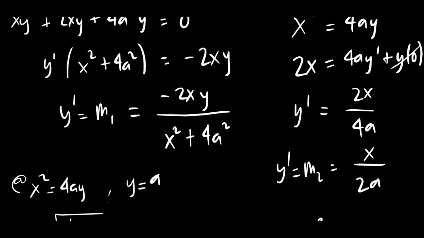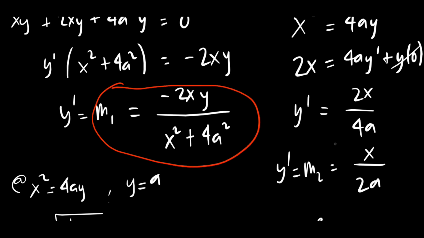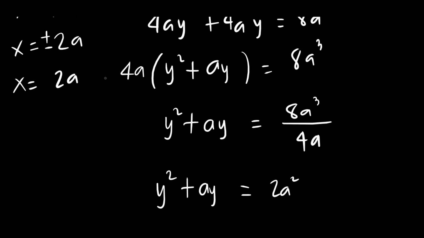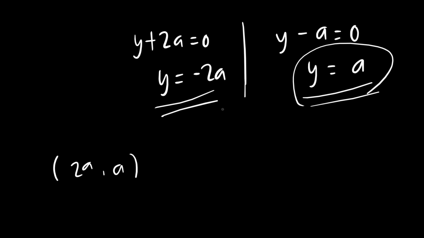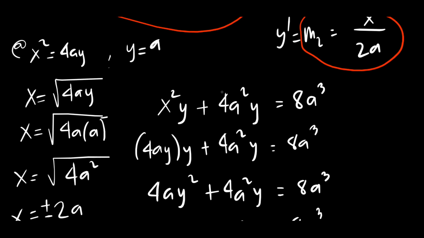So just copy this equation, m1, and this is also m2. We'll now substitute the value of x and y here. At x equals 2a and y equals a, what is the first equation?